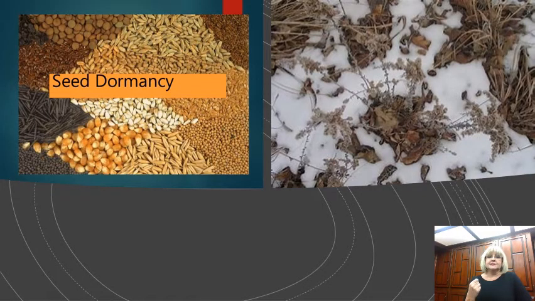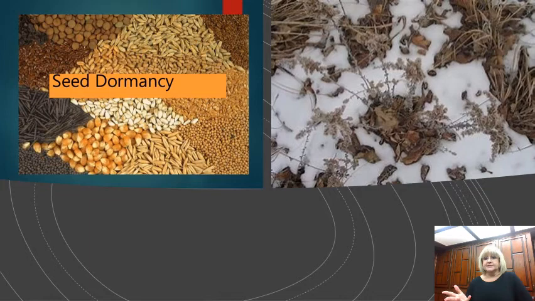So dormancy may also be induced by growth or germination inhibitors, or after ripening may need to occur. Cold temperatures may be necessary for the germination of some seeds, and stratification may break the dormancy of such seeds.